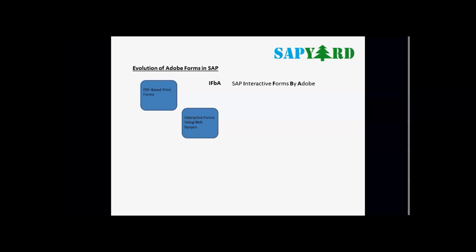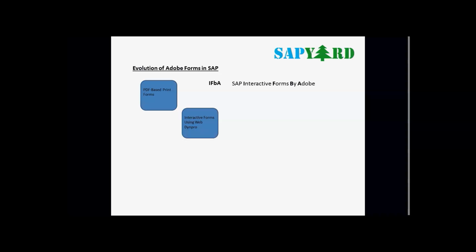Then the next step in Adobe Forms was using the interactive features. At that moment, when UI5 and Fiori were not introduced, SAP used BSP and WebDynPro applications as part of their UI technology.